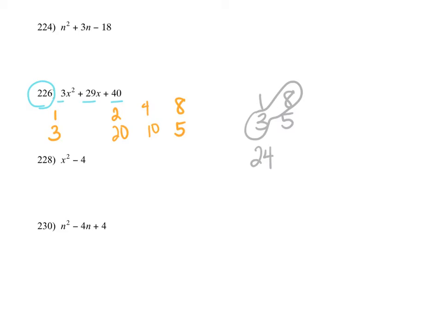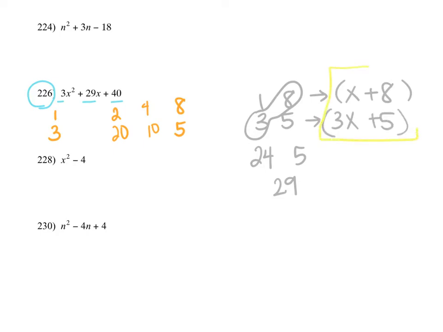And 1 times 5 is 5. So yes, that gives me the 29 that I am looking for. Everything is positive, so I can just draw my arrows and my parentheses, so x plus 8 and 3x plus 5, and this will be your answer for number 226.